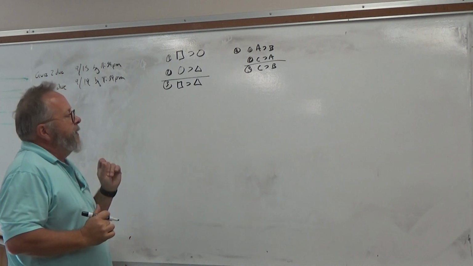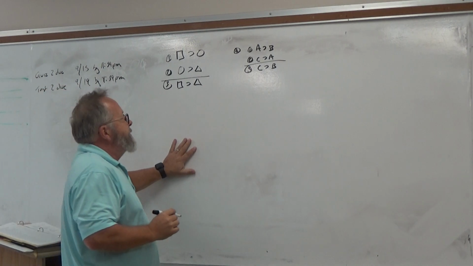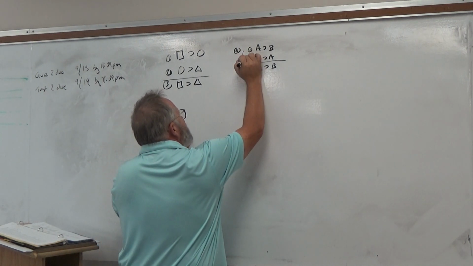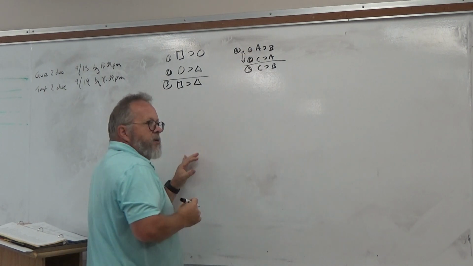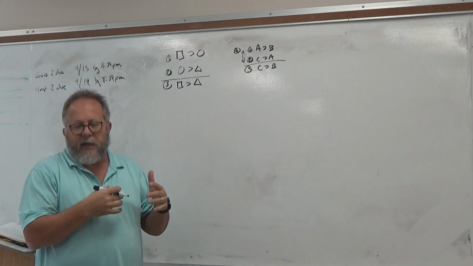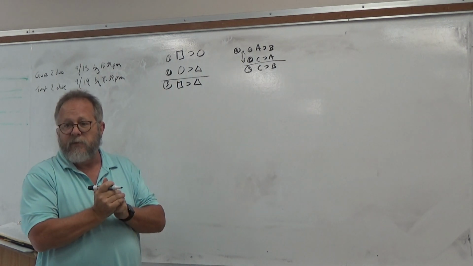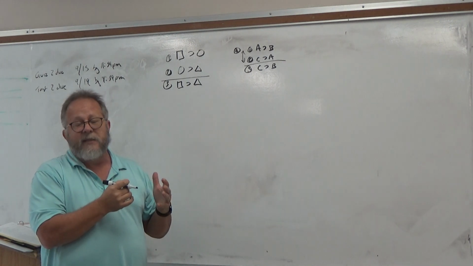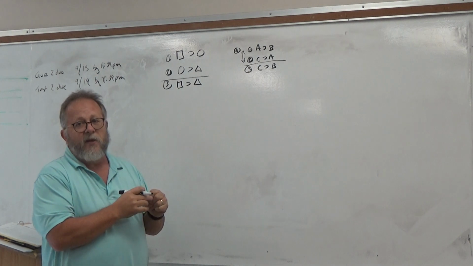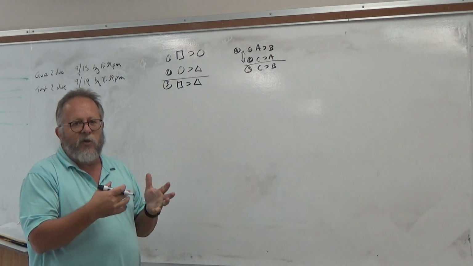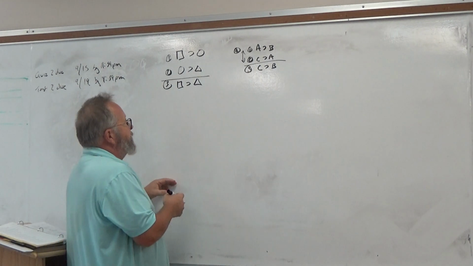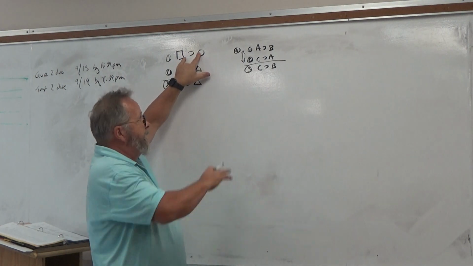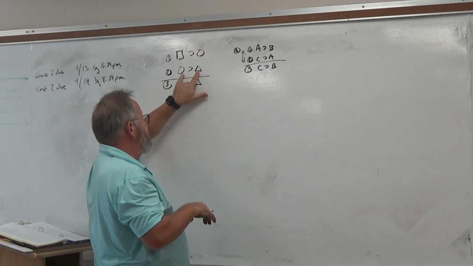Now, let me reiterate something that I said last time, and that is the order of the premises. You can move the premises around to see if it fits the pattern or not, okay? And in this case, if you don't move them around, you're going to think it is not a substitution instance when in fact it is. So I'm going to show you how I know I need to move this around. The first thing is we need a conditional for the first line, and there's a conditional on the first line, and we need a conditional on the second.